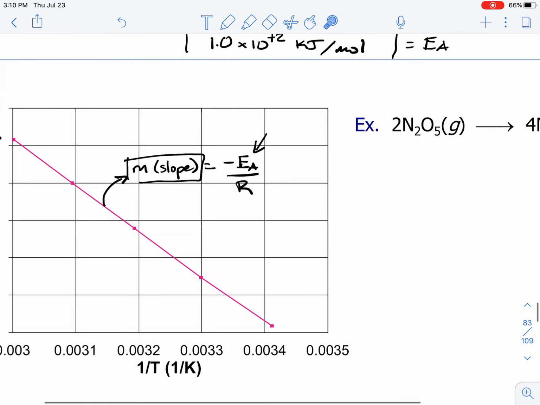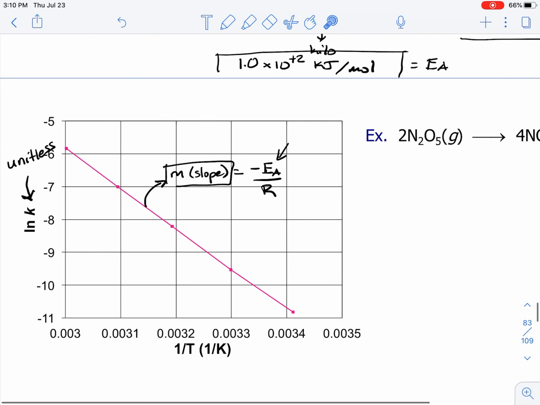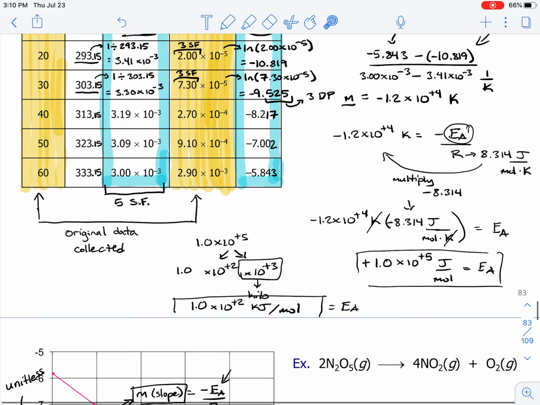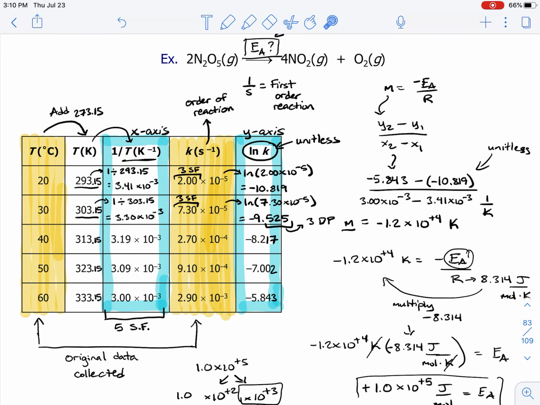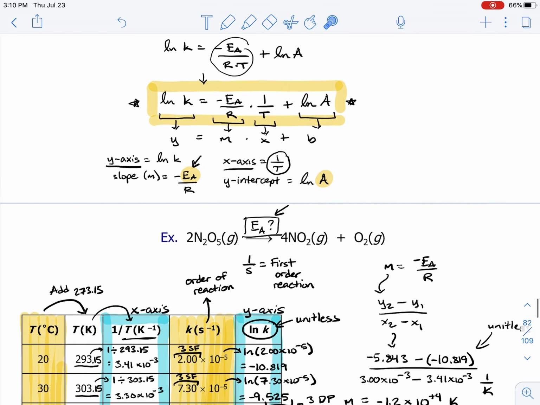Cool. So hopefully this example helps you understand how to calculate the activation energy.